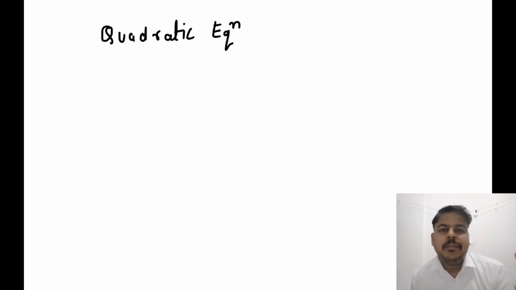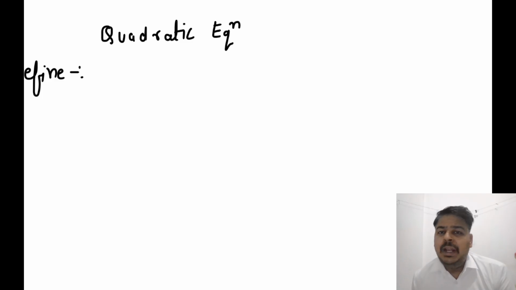First of all, what is a quadratic equation and where are you going to use it? This chapter remains important in JEE Mains as well. So first of all, let me define this chapter. The definition says all about what we need to consider in this topic.